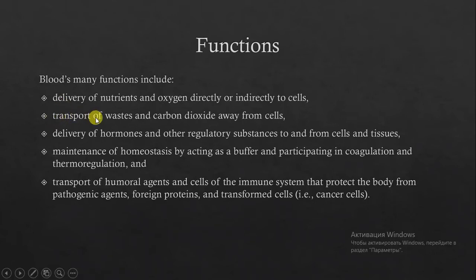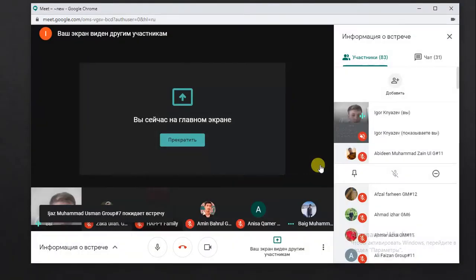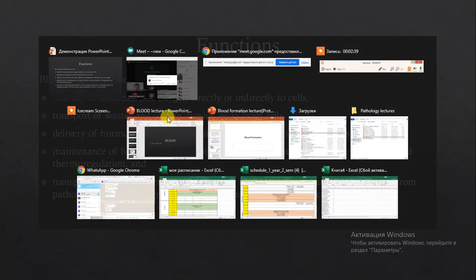The second function, which is usually skipped by students, is transport of wastes. Wastes and carbon dioxide, which are waste products produced during the life of the cells, also must be pumped out of the cells, right?